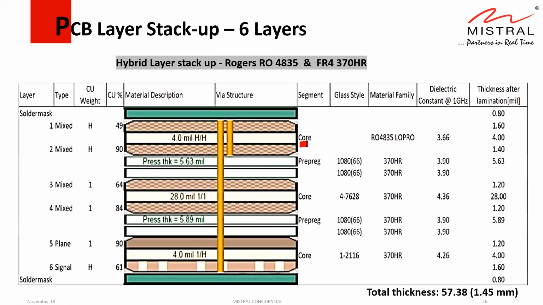If you see the core, the top core is Rogers material. The antenna is etched on the top side of the PCB. And the other cores, the inner cores, are FR4 material. This FR4 material helps the manufacturability. And the other prepregs are bonding material. They are FR4 based bonding material.